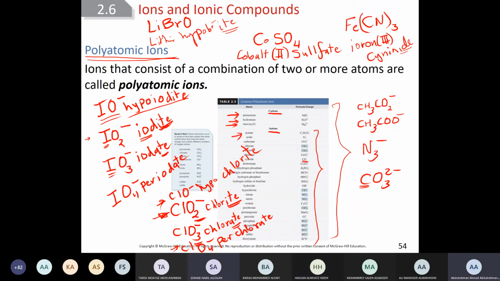Clear. Last example. How about if I write Cu? What's the name of this compound?